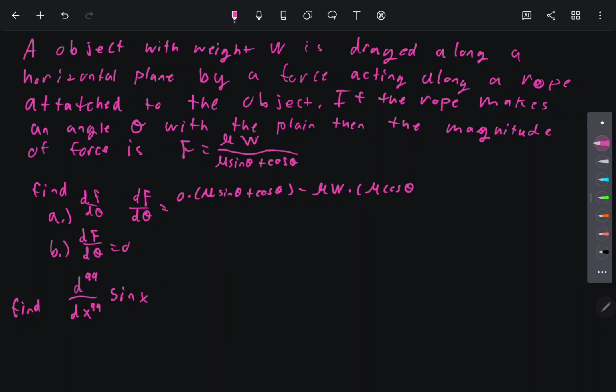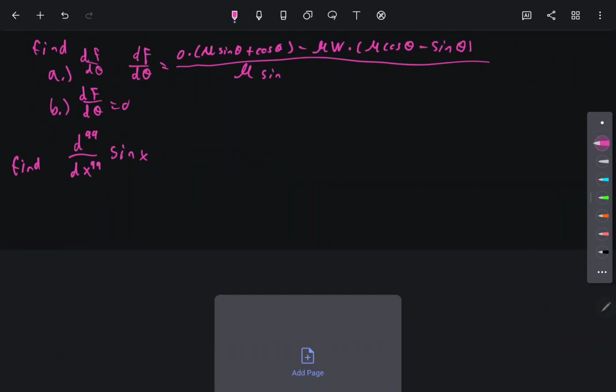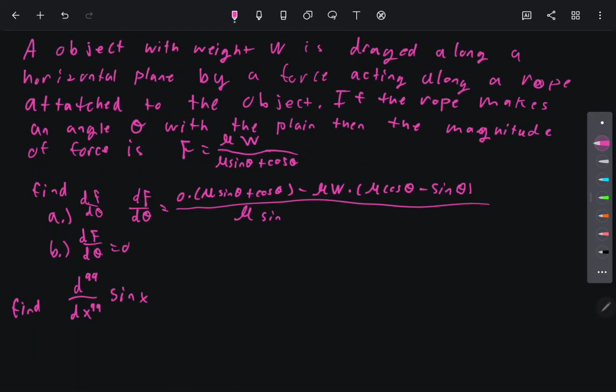The derivative of sine is cosine, minus sine theta, all over mu sine theta plus cosine theta, all of that squared.